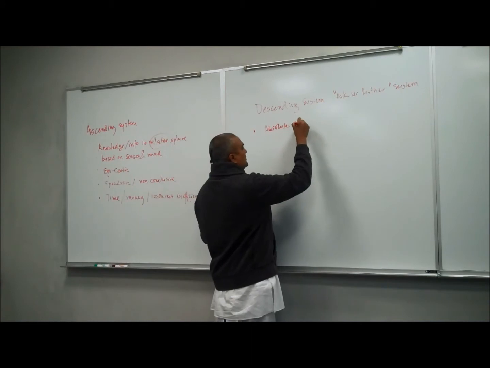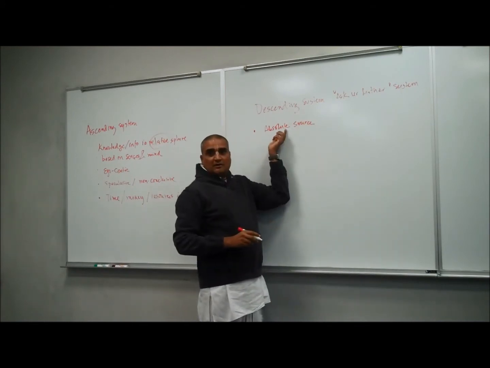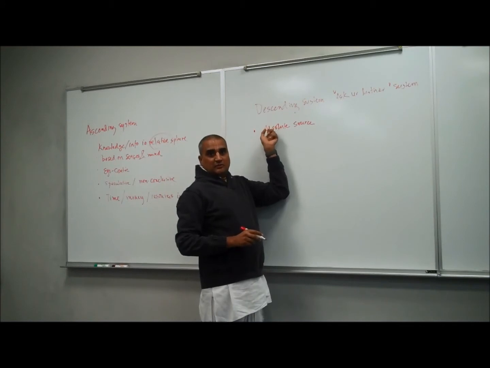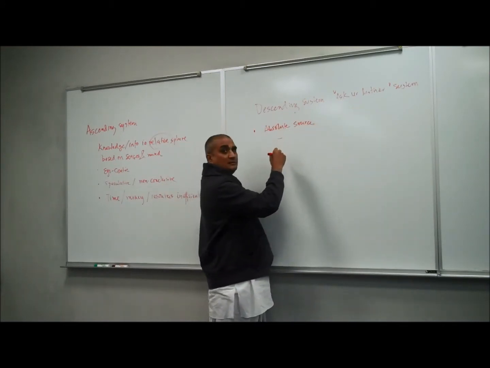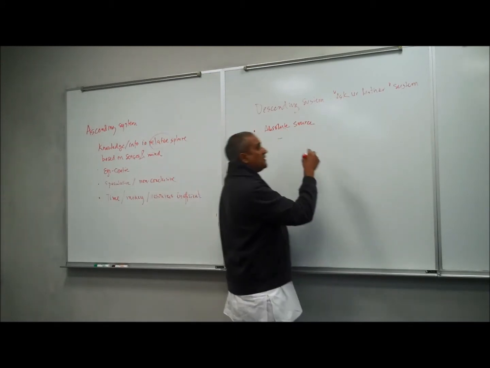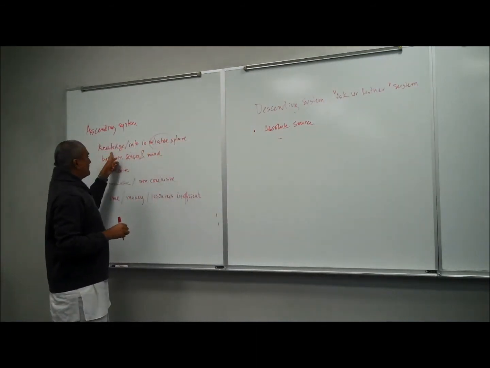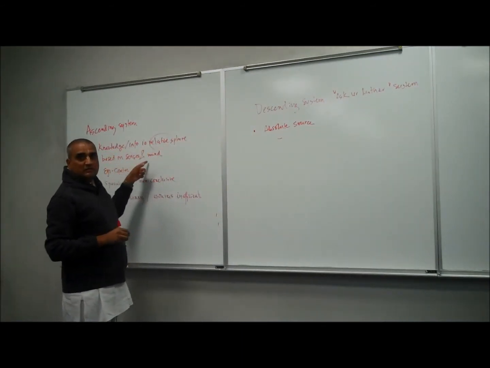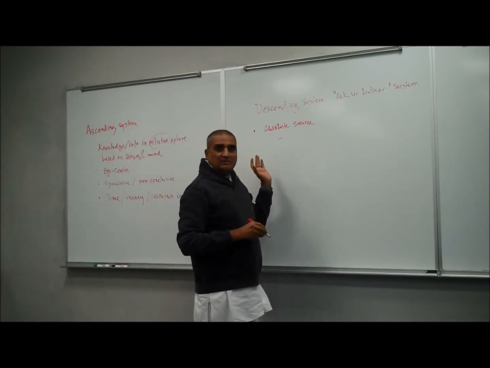Absolute source. So naturally, if you want to define the characteristics of absolute source, it is creating you. But in the case of the relative source, we said because it's based on senses and mind, there are those 4 defects, remember?